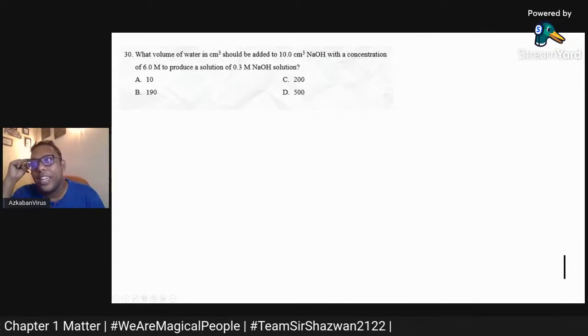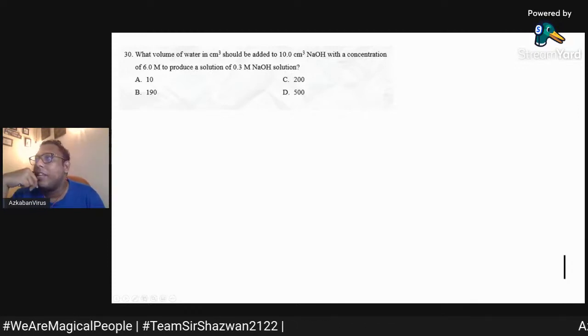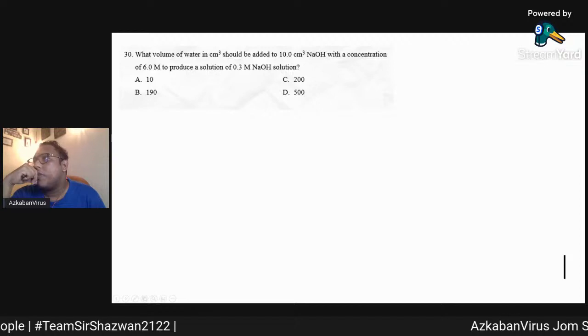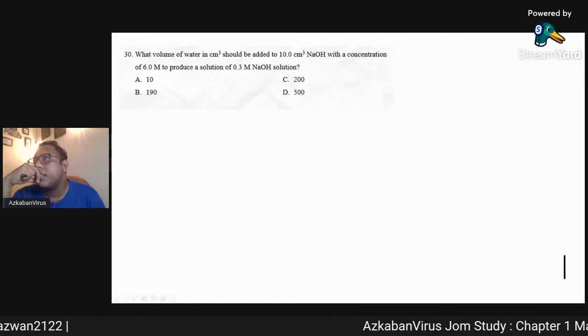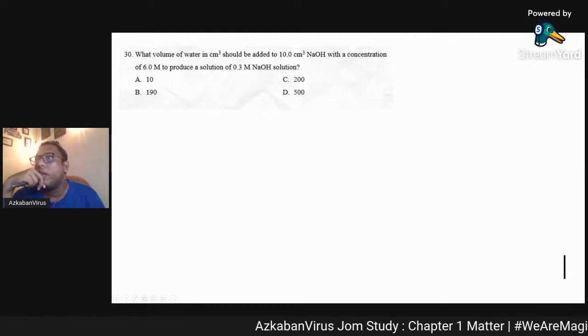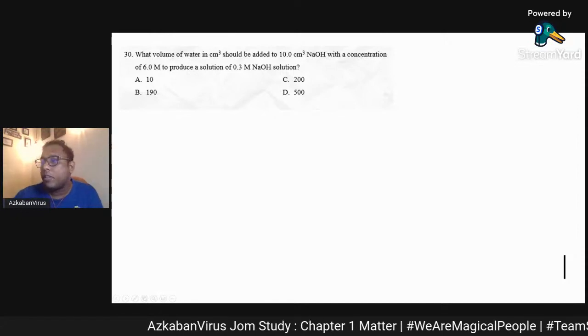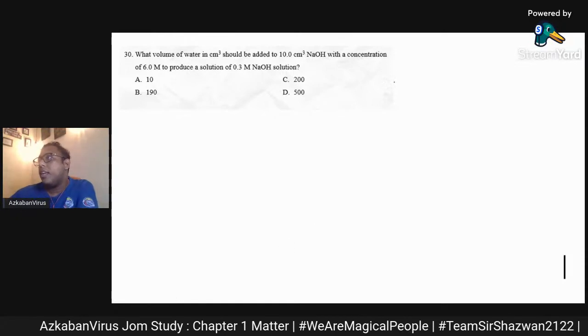What volume of water in centimeter cube should be added to the 10 centimeter cube of NaOH solution with a concentration of 6.0 molar to produce a 0.3 molar NaOH solution? Ini adalah proses dilution.